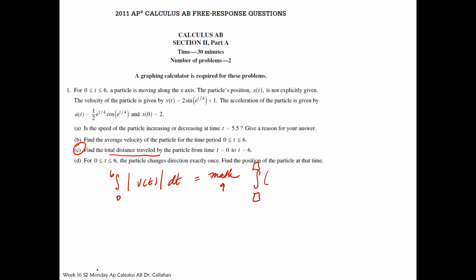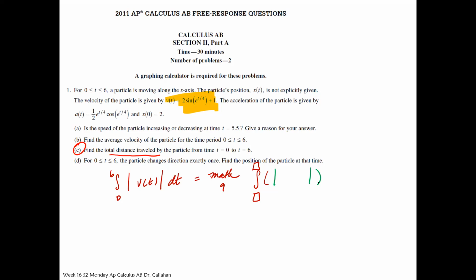And then inside here, you're going to type in, again, this piece right here. But make sure that when you're doing that, you're inserting absolute values on this. So let's just give this a try. You're going to hit math, go down to number 9, and then you're going to put in 0 for the lower bound, and then 6 for the upper bound, and then you're going to hit absolute value.